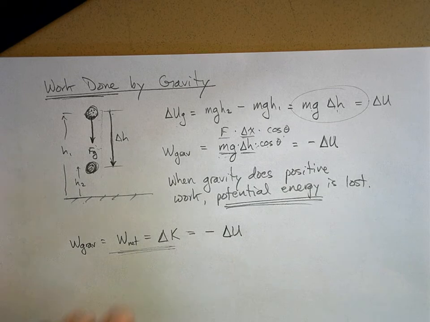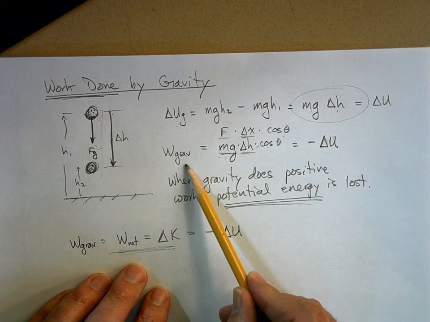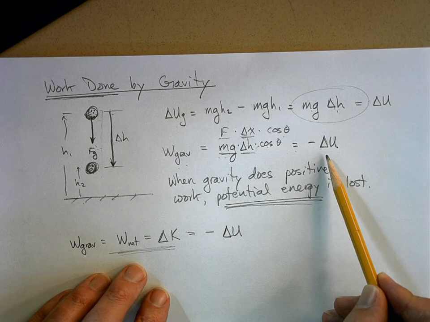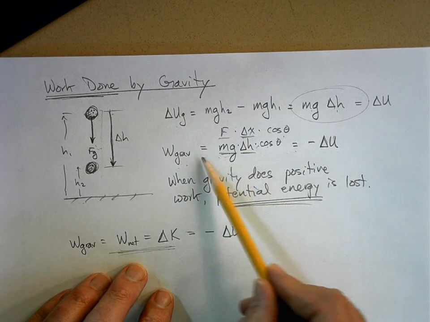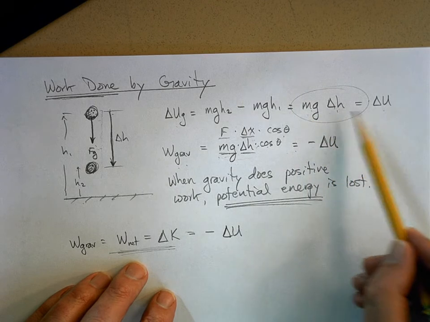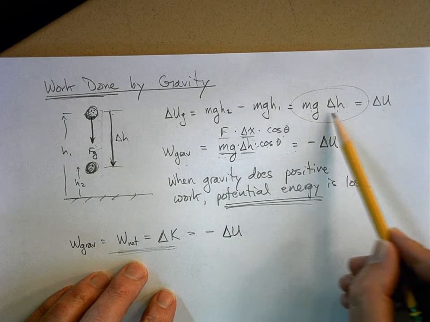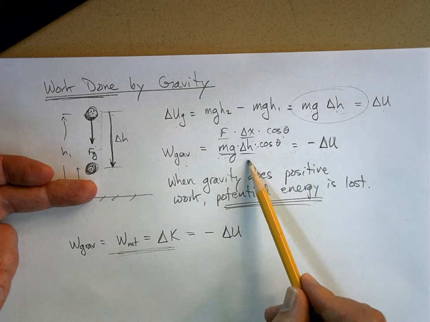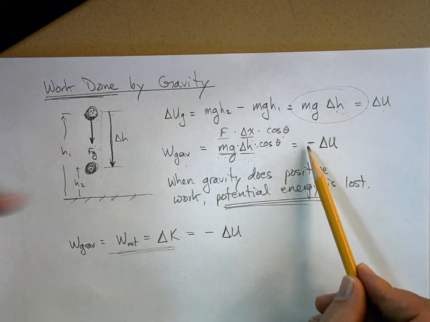Okay, we said that the work done by gravity is going to be equal to this loss of potential energy. See, in order for gravity to do positive work, if I just figured out mg delta H, well, delta H is negative here. But if gravity is doing positive work, I have to cancel out that negative by sticking a negative in here.